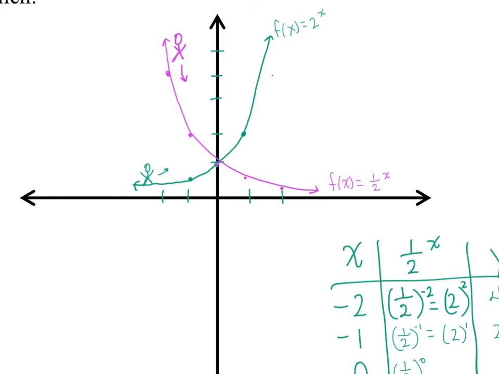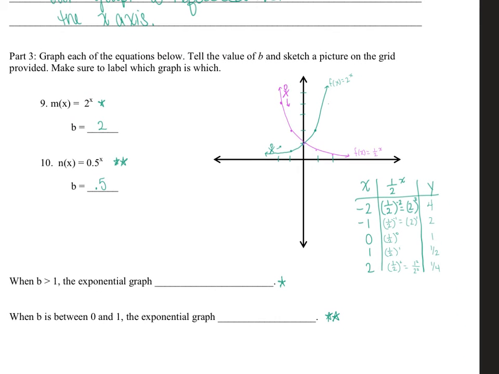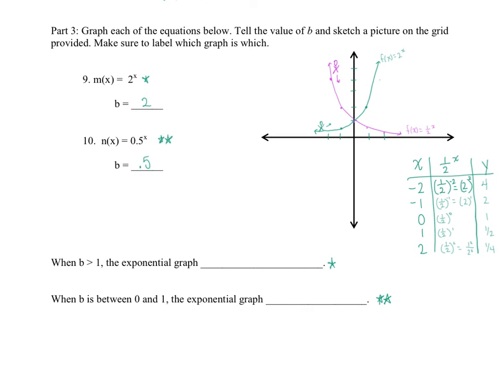Okay, so we can use this to get those two statements filled out. When our b value was 2, it's growing. So when our b value is greater than 1, it's called exponential growth. So for the exponential graph, we can just write grows, because we call that growth.